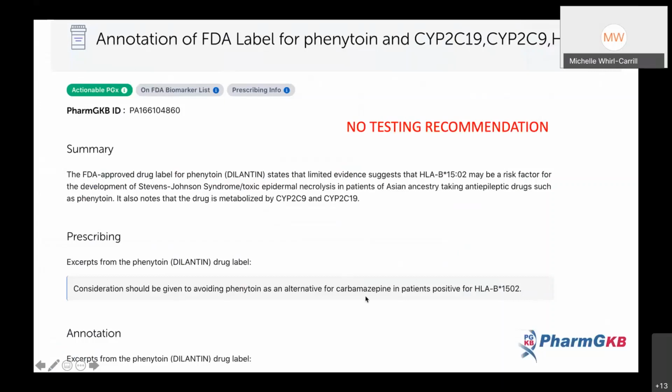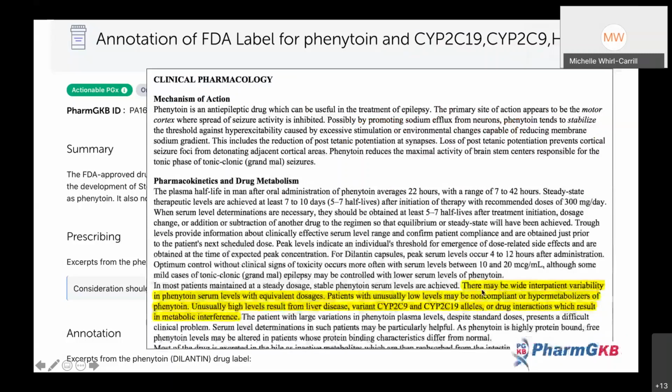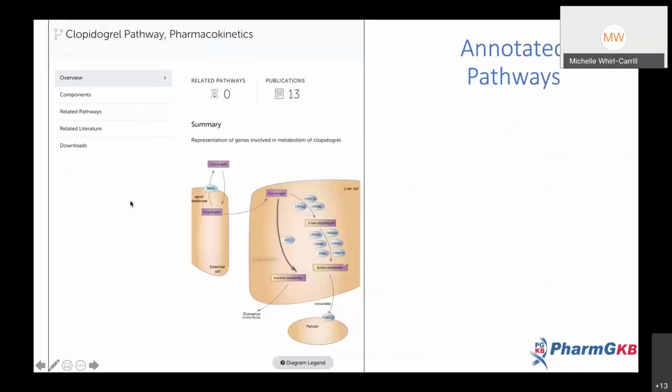So in this case, they say you should consider avoiding this drug for a section of patients. They don't say anything about testing, so it's just actionable to us at PharmGKB, but we do point out to users that there is some guidance there on the label, even though there's no testing recommendation. So if you knew this, you could act on it. We also have, you can download from our website the actual label itself, where we've highlighted where we get our information from that we're displaying on the page.